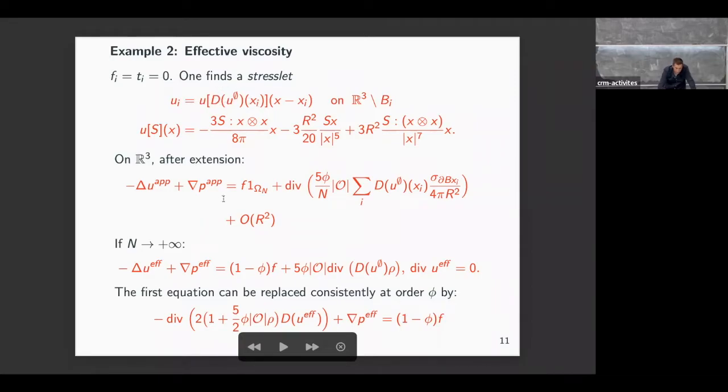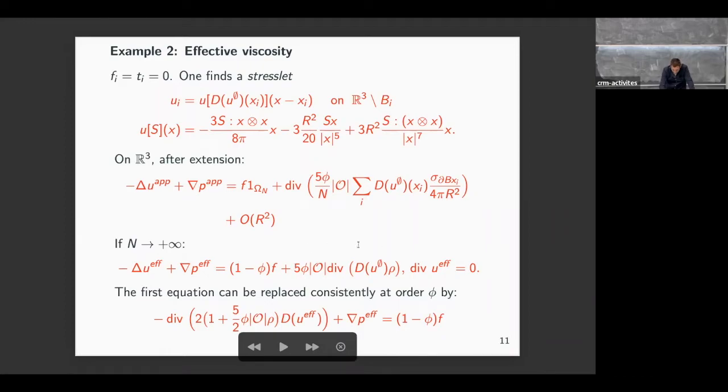When you put that in your approximation, okay, and you look at the Stokes equation that it satisfies on R3 again, the main change is that you don't have an empirical measure at the right-hand side, but you have the divergence of a term with the empirical measure. And then you can send n to infinity.